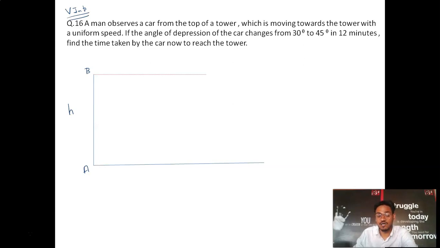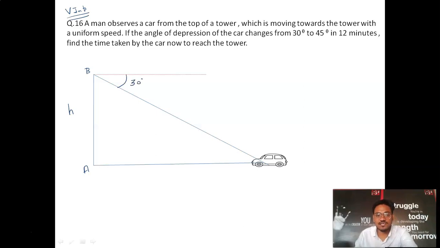A person from point B observes a car at an angle of depression of 30 degree. So this is the car, and this particular angle is 30 degree.